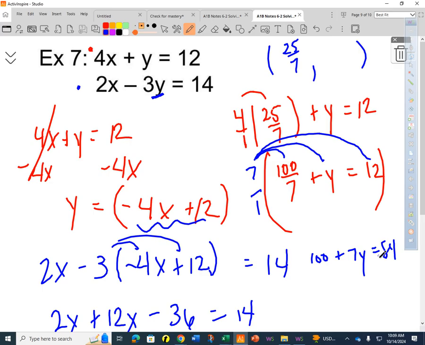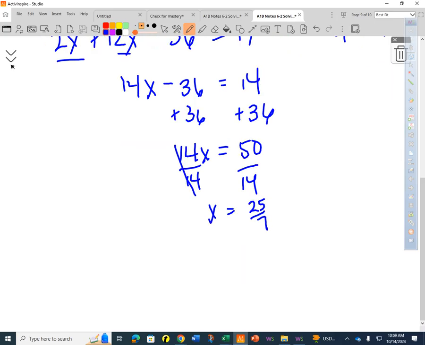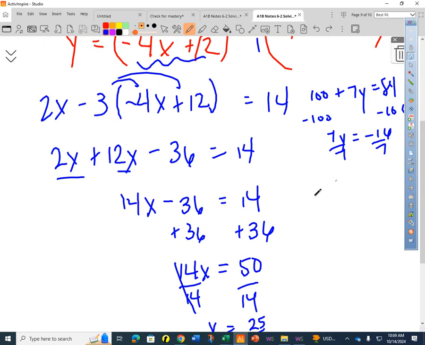It's a little bit easier to solve. I'm going to wind up with a fraction answer probably, but that's okay at the end. We didn't have to turn anything into common denominators. So I'm subtracting 100 from both sides. 7y equals negative 16. Divide both sides by positive 7. And so I know that my y coordinate is negative 16/7.